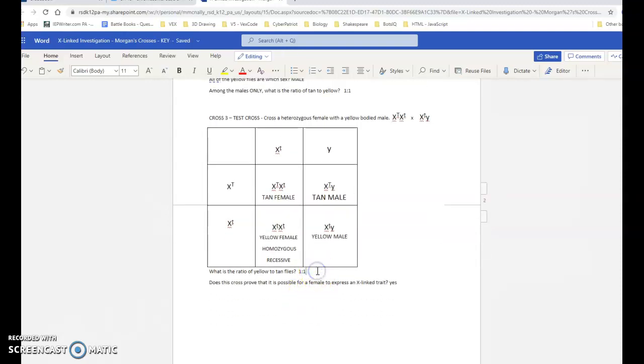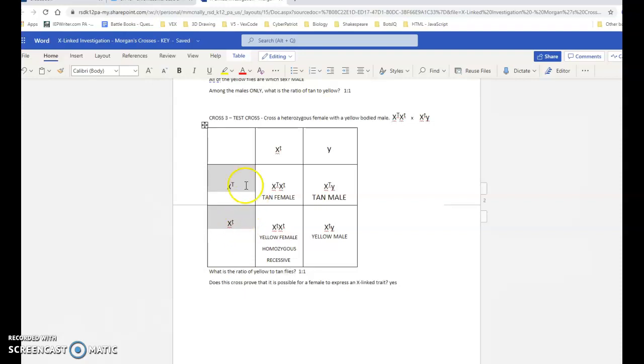So we end up with a 1 to 1 ratio, and it does show that if you do this cross, the hemizygote versus a heterozygote, you will get some females expressing a recessive X-linked trait.